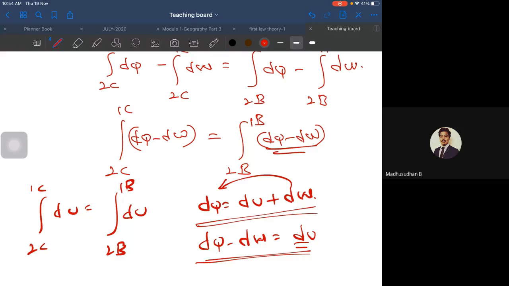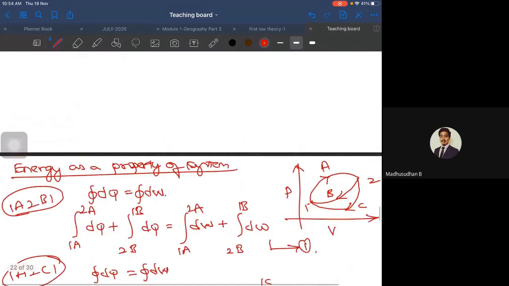So what I'm proving here is that the energy for the path 2C to 1C and the energy for the path 2B to 1B are the same. That means it never matters whether you come from path B or path C, you will have the same energy.